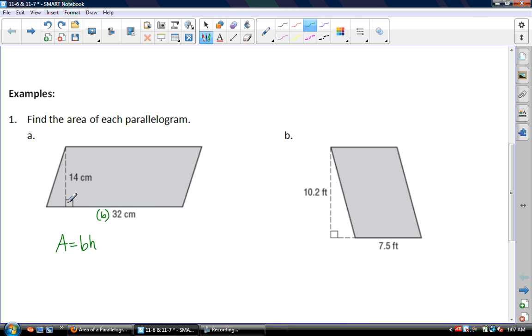And that means that this one that makes a right angle with the base, this length must be the height. So the area is the base, which is 32, times the height, which is 14. And if we multiply 32 times 14, we get an area of 448 square centimeters.